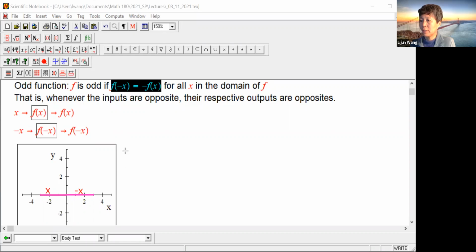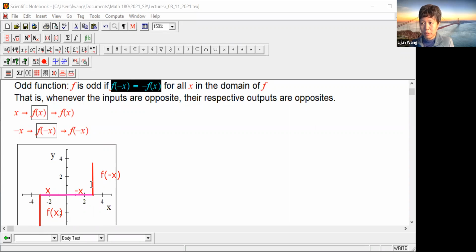And this time we can say y equals f of x equals x is odd. So this height is the output for f of negative x. And there's another output, for x, which is here, f of x. They're the same height, and they're opposite.